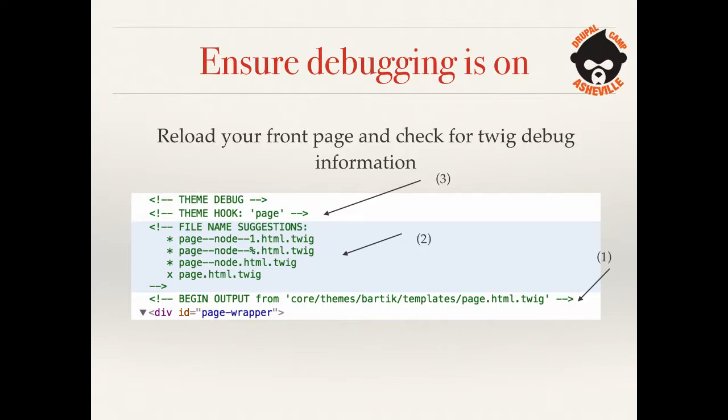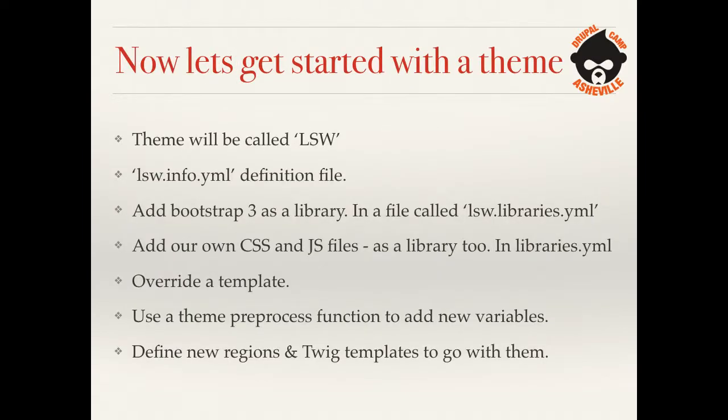Right. So let's create a theme quickly. LSW is my initials, just so it's easy to find. You'll have to define an lsw.info.yml, so theme name.info.yml. We'll throw Bootstrap 3 in as a library. We'll add our own JavaScript and CSS in. And these go into theme name.libraries.yml.